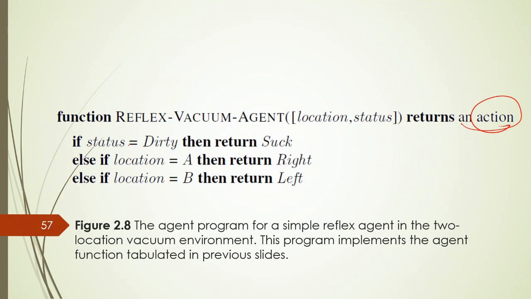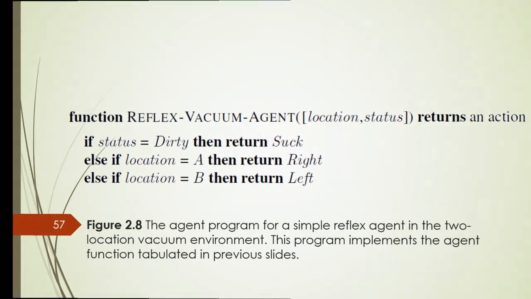Okay. If state is dirty, suck. If location is A, then go right. If location is B, then go left. So it continuously does that. Again, according to what we had before, it might oscillate, might not be the most efficient one, but at least it does the job for us.